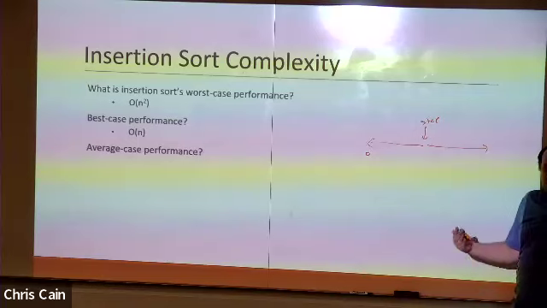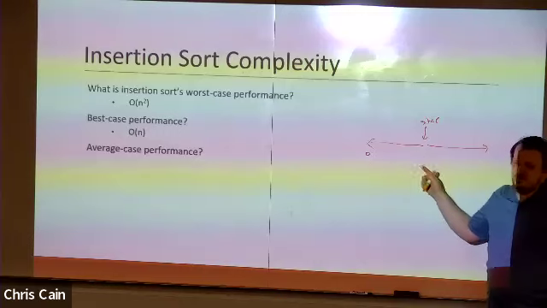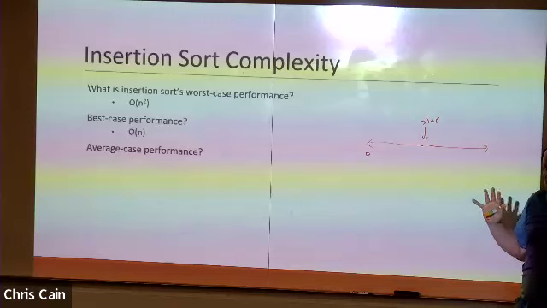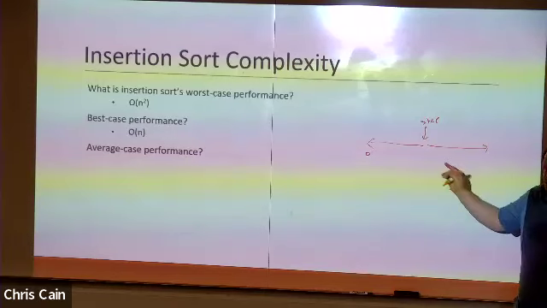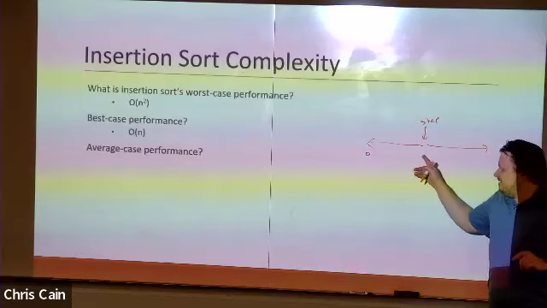Something like step over 2 on average. You'd expect it to be something like a uniform distribution between 0 and step, which the average would be about step over 2, so there'd be a large amount of variation. Sometimes you wouldn't have to do anything, sometimes you'd have to move it all the way back to the beginning, but on average, you move it about half the way.